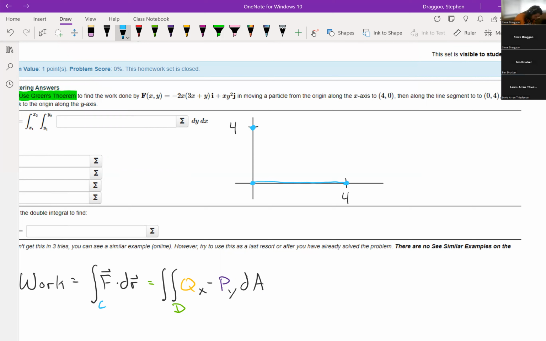So my path is going to look like this. Going first this way, then up that way, and then back down this way. Not exactly drawn to scale, is it?